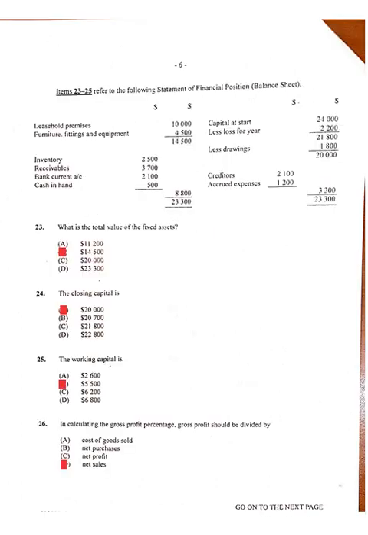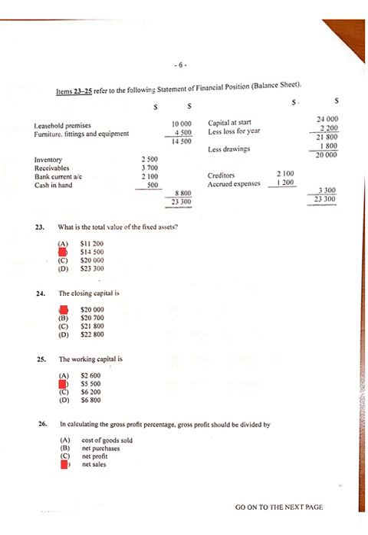Items 23-25 refer to the following statement of financial position, the balance sheet. Here we have some fixed assets: premises 10,000, fixtures, furniture and equipment 4,500, gives us a total of 14,500. Then inventory 2,500, receivables 3,500, bank current account 2,100, cash in hand 500, giving us a total of 8,800.